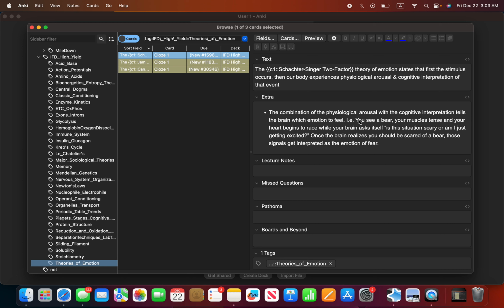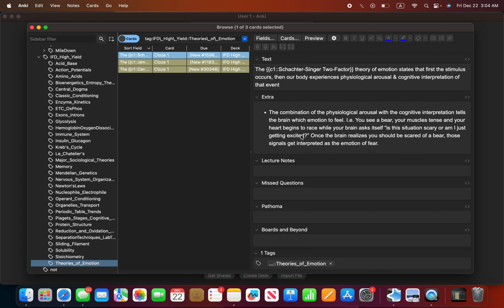So you see a bear, your muscles tense, and your heart begins to race while your brain asks itself, is this situation scary or am I just getting excited? Once the brain realizes you should be scared of a bear, those signals get interpreted as the emotion of fear.